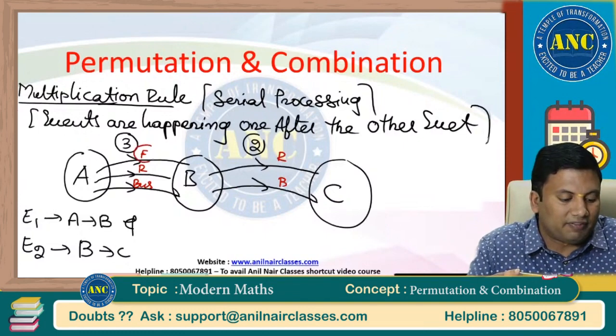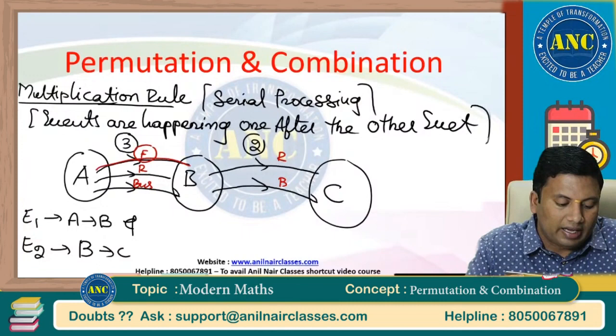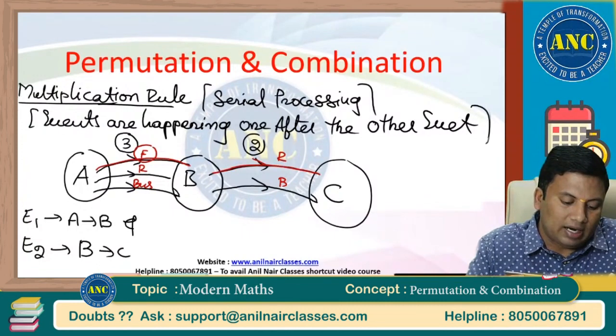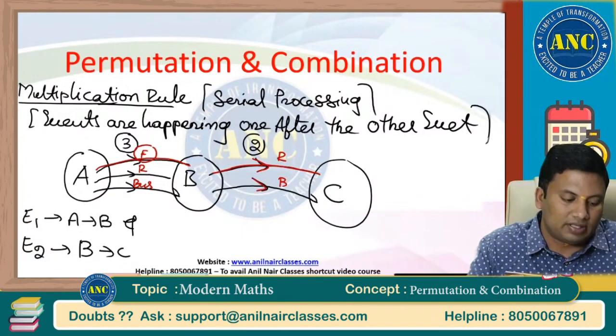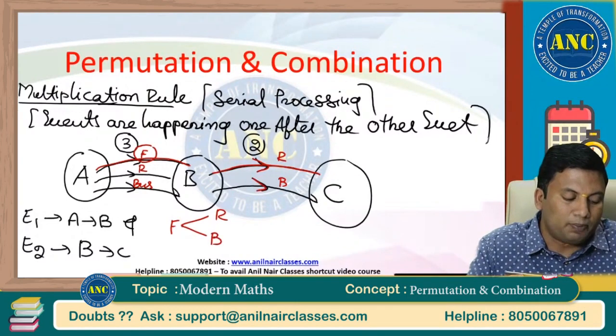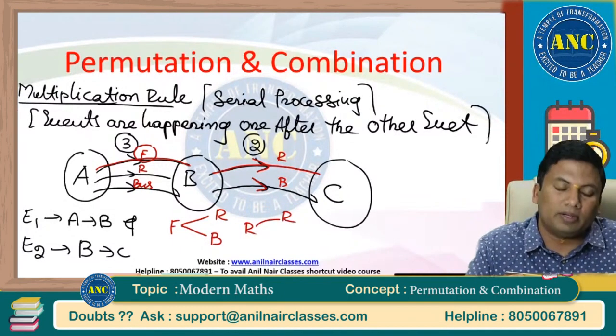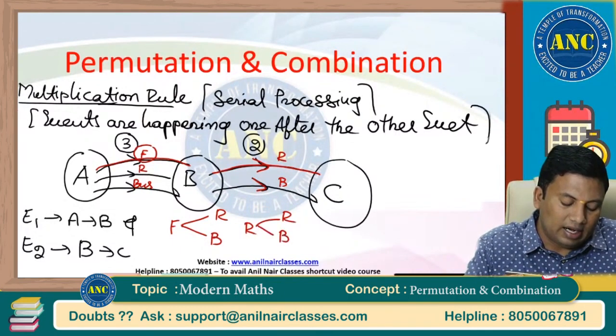If I take a flight from Hyderabad to Coimbatore, I can go from Coimbatore to Palakkad either by rail or by bus. That means F can take either R or B. Suppose I take a rail, I can reach Palakkad either by rail or bus. If I take a bus and reach Coimbatore, again either rail or bus.